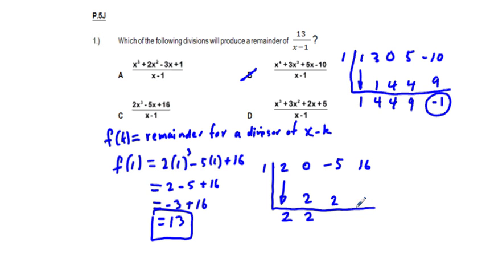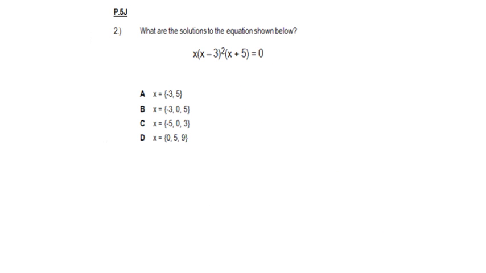Multiplying, 1 times negative 3 is negative 3, and 16 plus negative 3 is 13. Okay, the remainder of 13. Correct answer choice C.